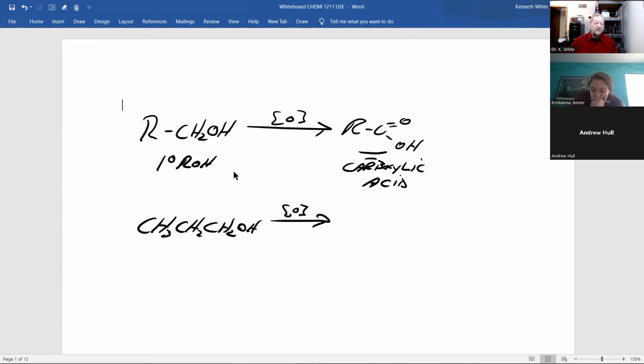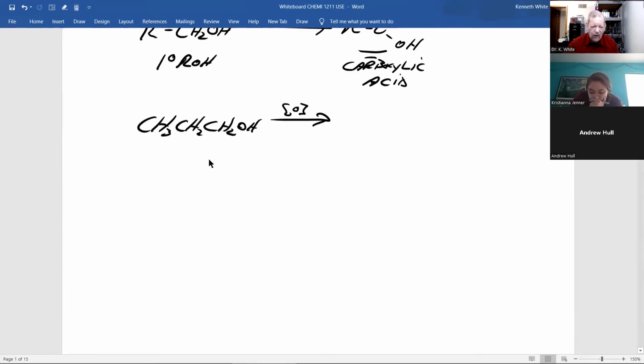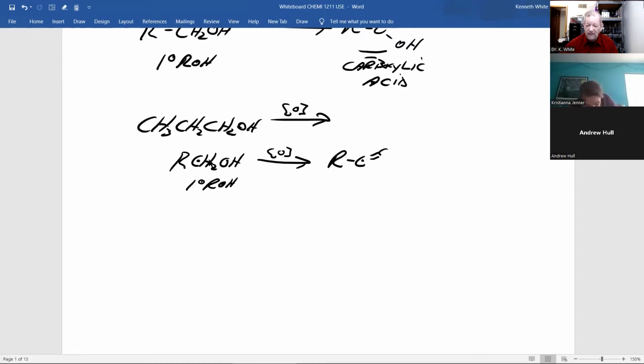So if we take this molecule and oxidize it, what do we have? Well, we've got a primary alcohol, and we're going to oxidize it. The carbon with the hydroxyl group becomes the carbonyl carbon, remember, carbon double bond to oxygen, of your carboxylic acid.